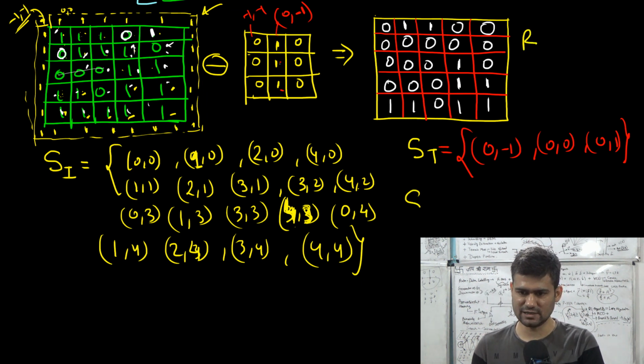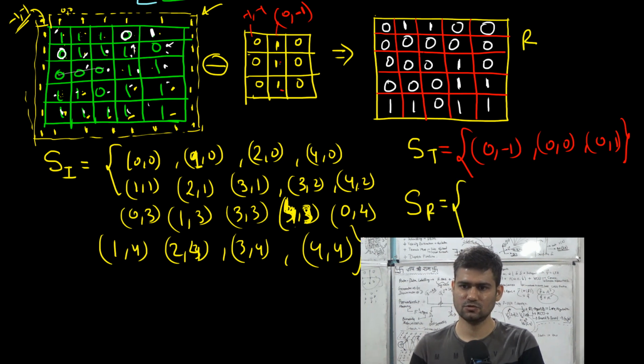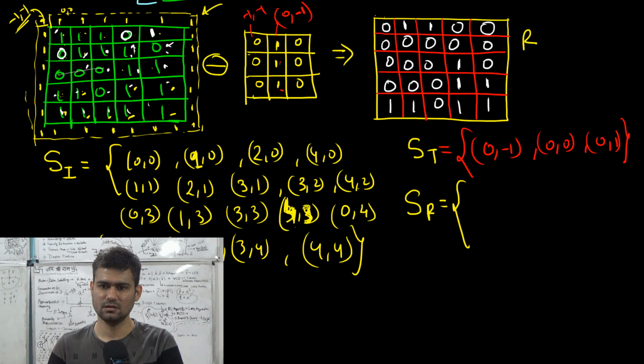So we can define our set R to be 1, 0, here we have 2, 0. Then we have 0, 1, 2, 0, 1, 2, 3, 3, 2.